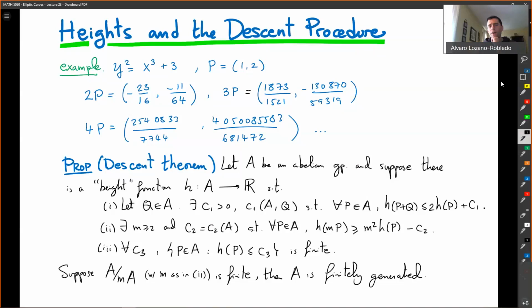Yeah, I don't know enough about group theory to have seen this in other contexts, but definitely this works for abelian varieties in general. So it's not just for elliptic curves. These heights are everywhere in algebraic geometry, you can put heights on your points and talk about many things.